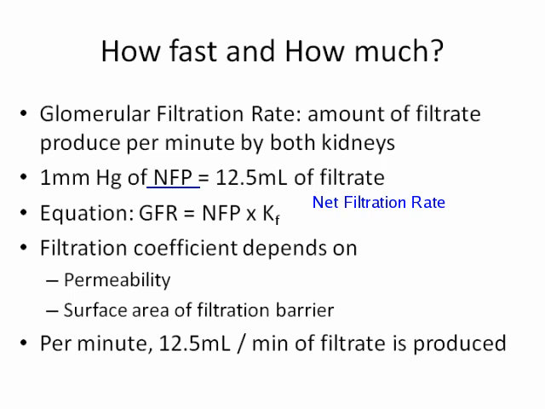And so when we talk about filtration within the glomerulus, we're talking about how much of that filtrate is being produced per minute by both kidneys. So this is both kidneys working with one another. All right. Typically, that net filtration rate is going to be about 12.5 milliliters. Right? It's going to be about 12.5 milliliters.